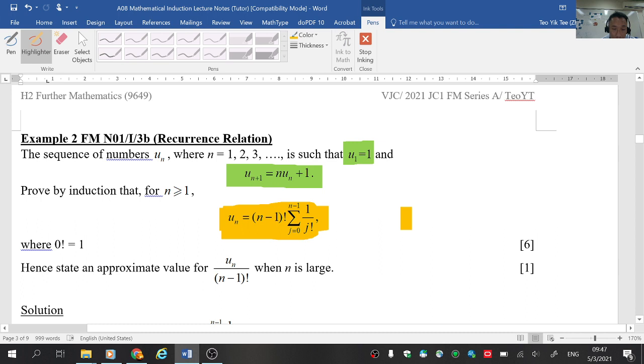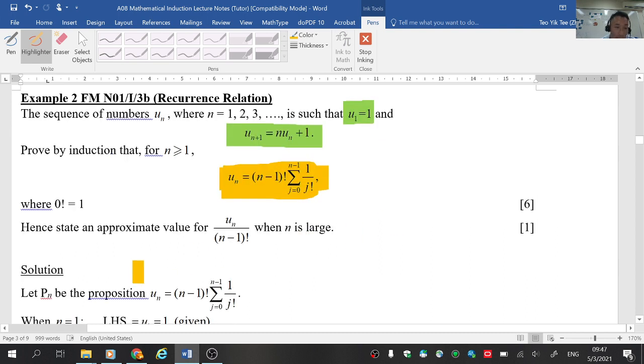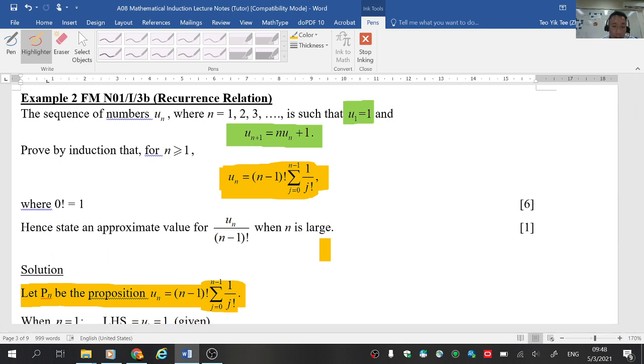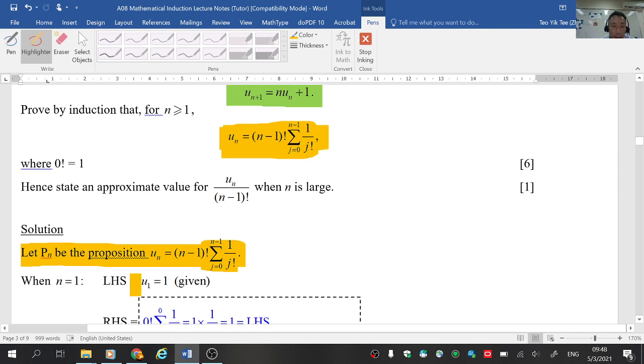Okay, so step number 1. I'm repeating the steps one more time. Make your definition. Let Pn be the proposition of what you're expected to prove. This statement is necessary. State your proposition, Pn be blah blah blah. Next, prove the left hand side and right hand side of your first case. How do I know what the first case is? Look at the question, I have u1. So for the first case, the left hand side is equal to u1, which is given in the question.